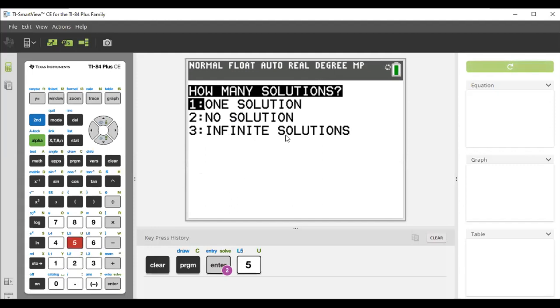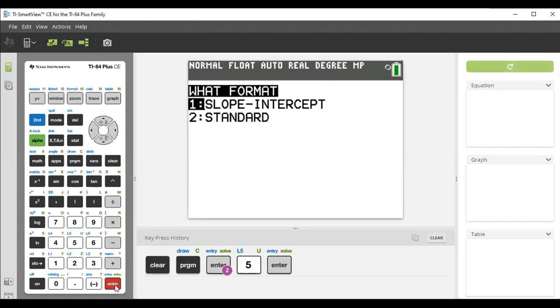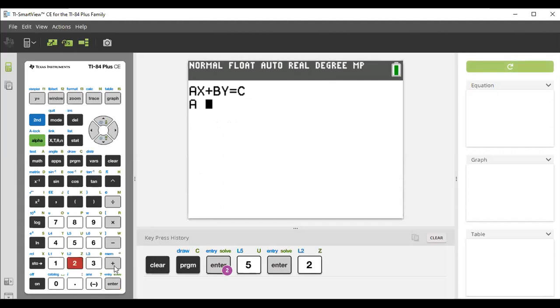Now, here's one of the changes. The first menu you're going to see asks how many solutions you are trying to find: 1 solution, no solution, or infinite solutions. In this case, we want 1 solution because we have 2 lines that are not parallel. The equations were in standard form.